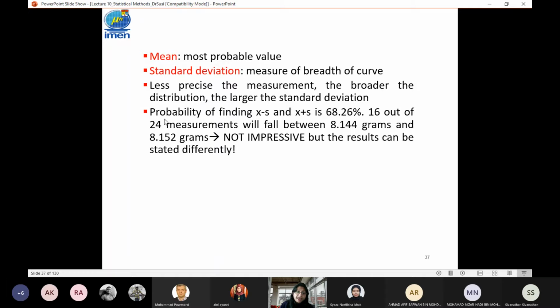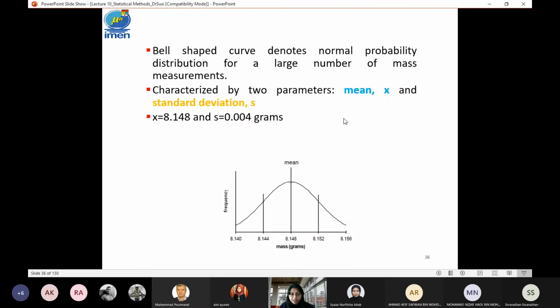And the probability of finding a value between x minus s and x plus s is 68.26%. So look for x plus s and x minus s.